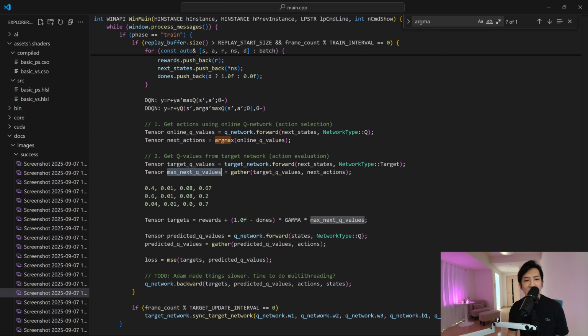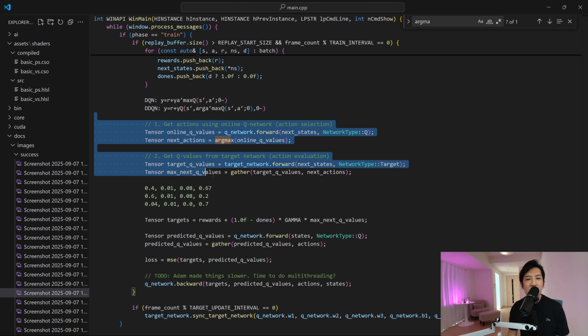And finally, this maximum Q values would be used here to compute the targets, which would be used to compute loss and backward. So this is how DDQN works.